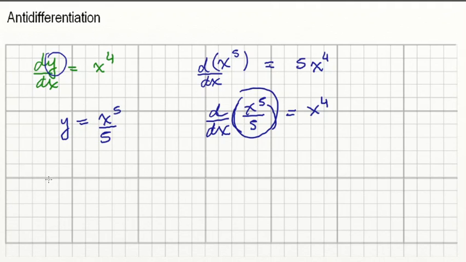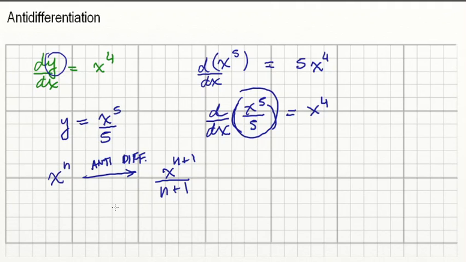So we can easily see that if our function is something like x to the power of n, when we anti-differentiate, this exponent will grow by 1, and that's exactly the same thing that we would have in our denominator here. So this is our anti-differentiation.